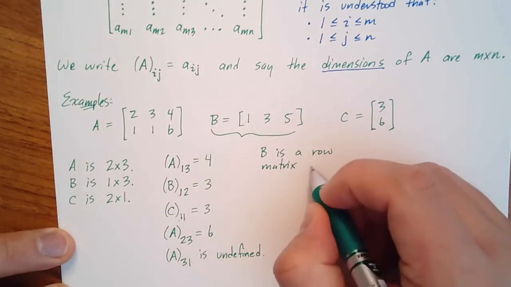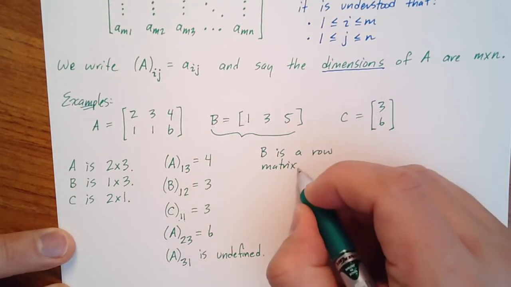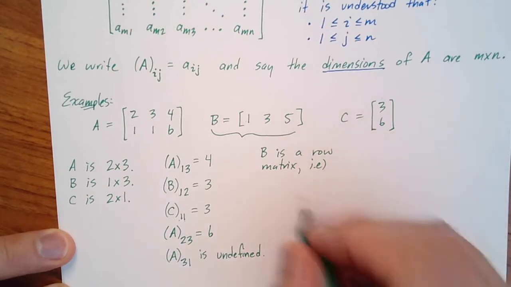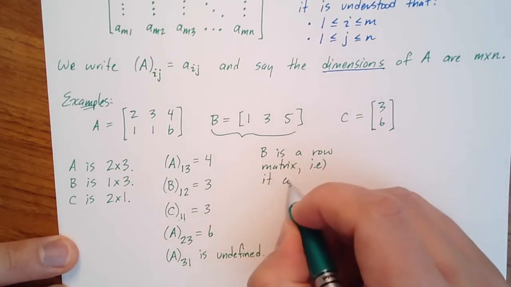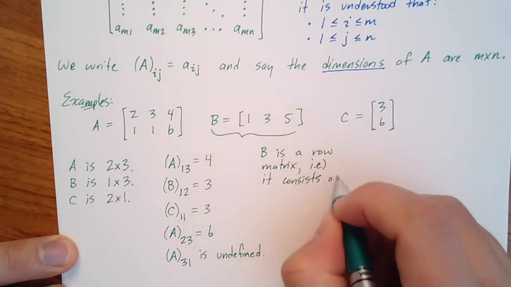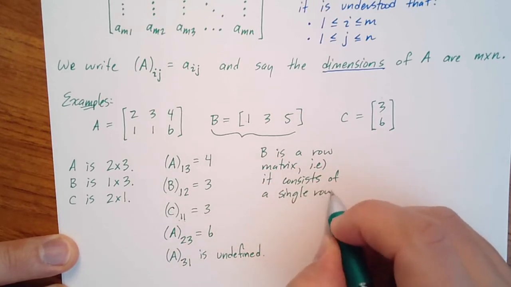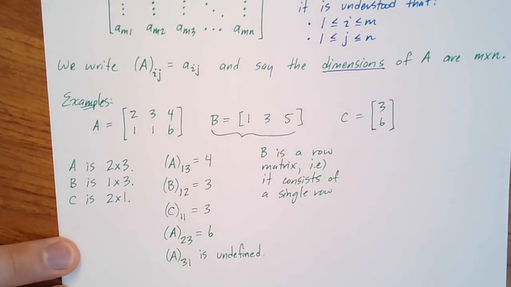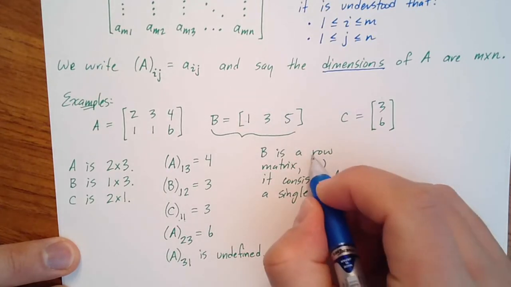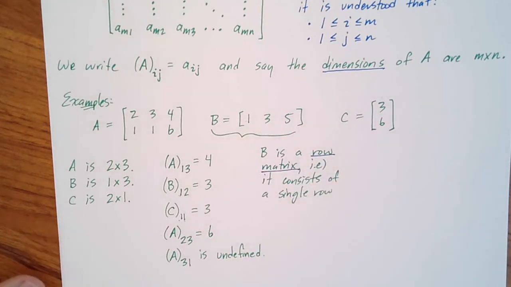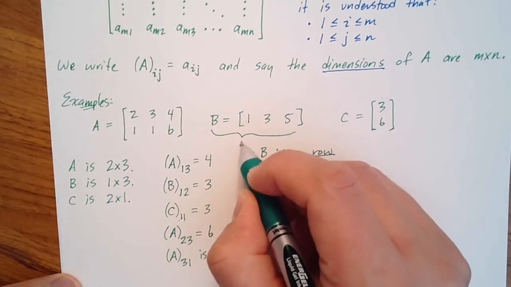So that's why we say it's a row matrix. So I'm going to say that it consists of a single row. Okay, so I'm squeezing in the definition of a row matrix here. And you might be able to guess another definition is coming up momentarily.